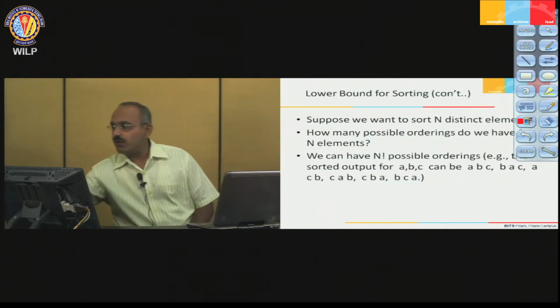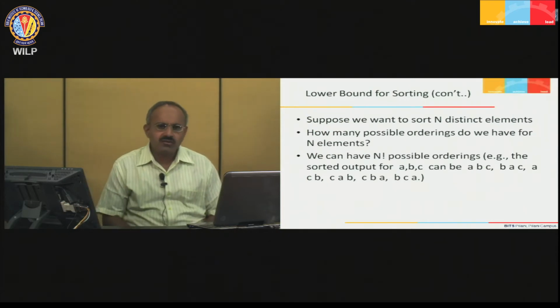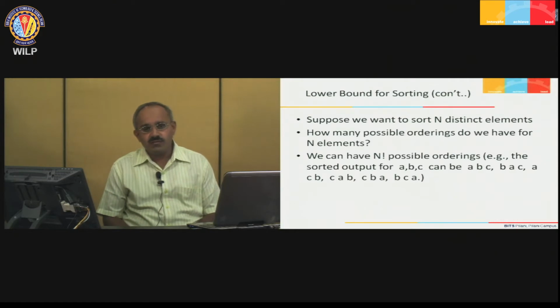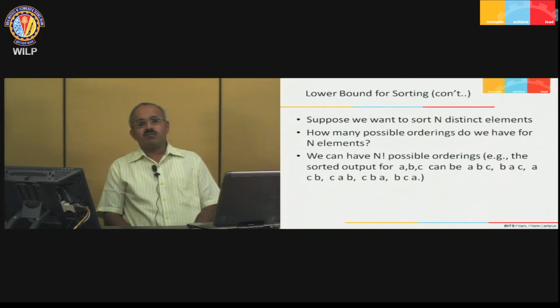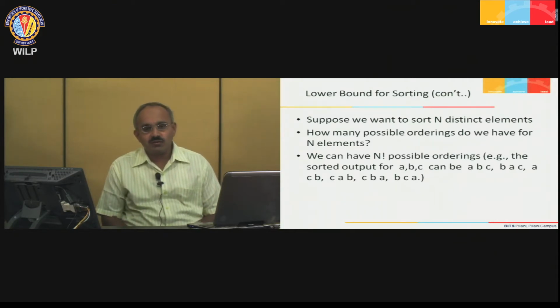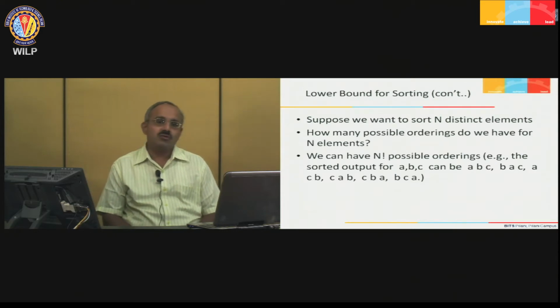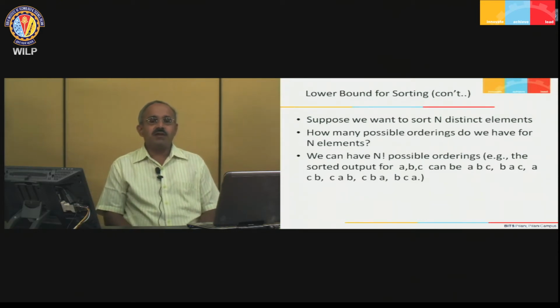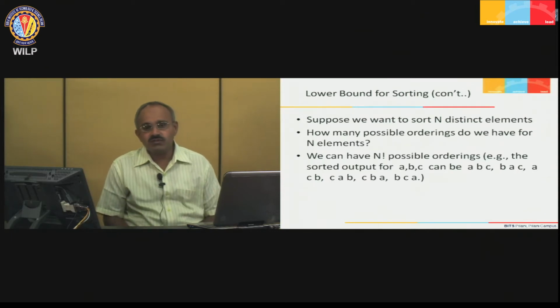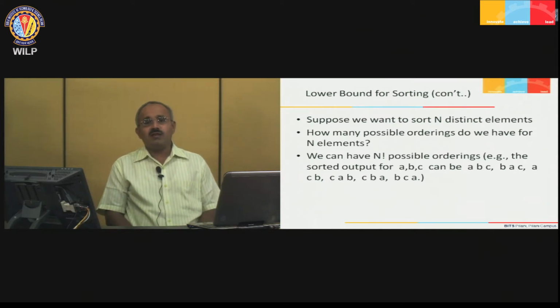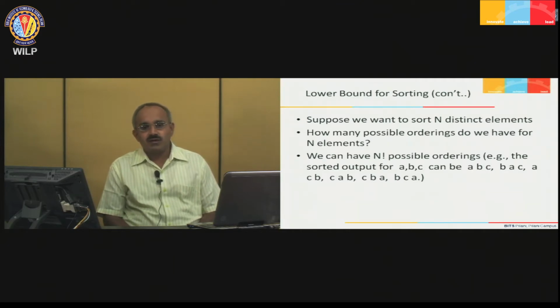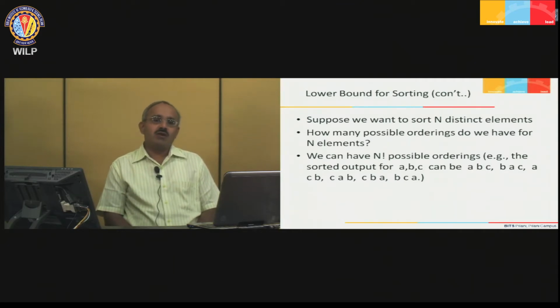Let us look at a particular case of n distinct elements. Again, distinct elements is just for convenience. All the results that we get for distinct elements can be extended to a general case where you can have an element repeated in your sequence. Question is, suppose you are given n elements, say 3 elements. How many possible orderings do we have for these 3 elements?